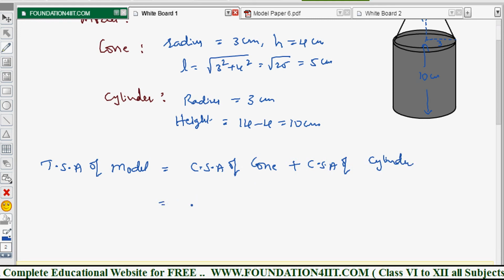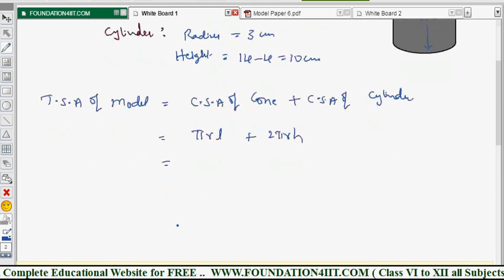So CSA of the cone is pi RL, apply the formula, plus CSA of the cylinder, 2 pi RH. By applying these values, pi into 3 into 5 plus 2 pi, radius is 3, into 10.